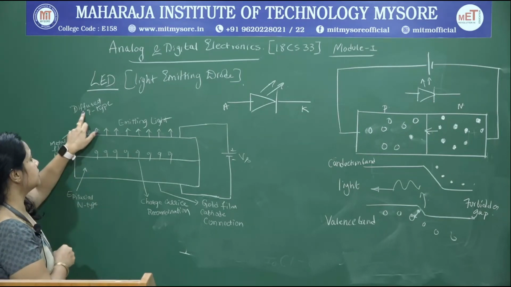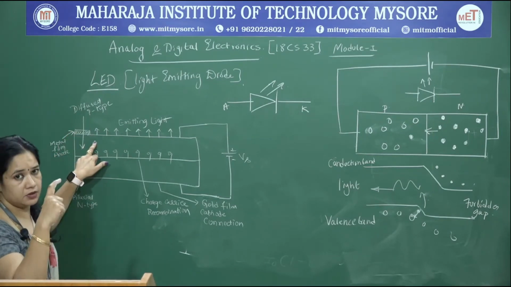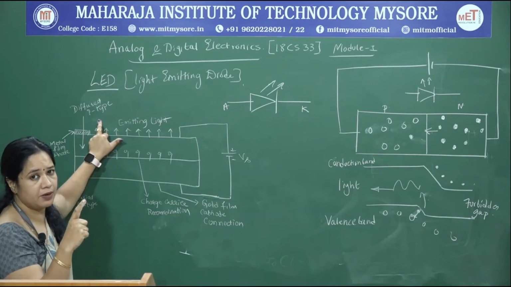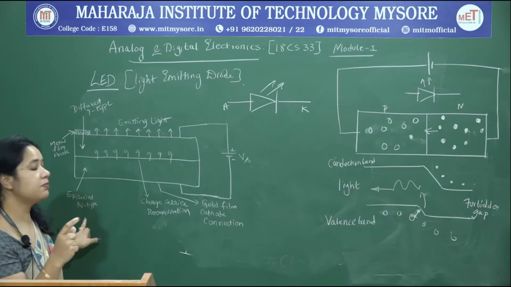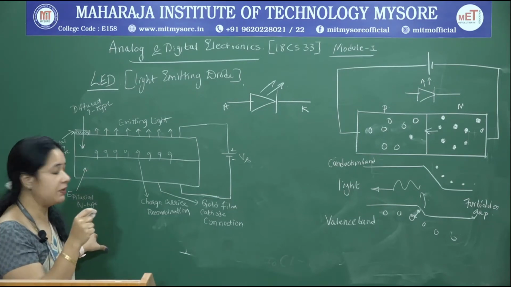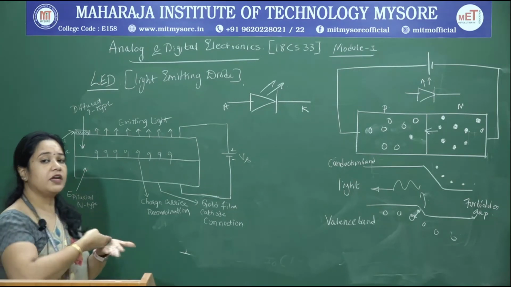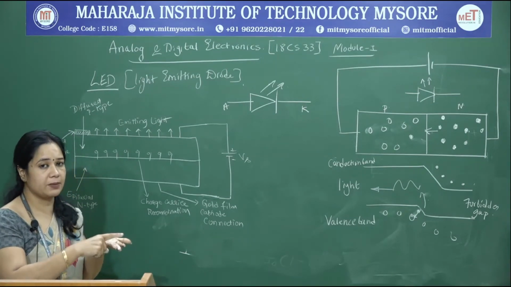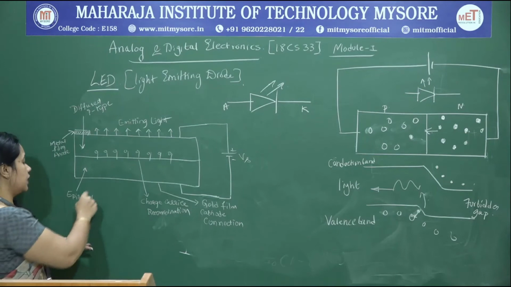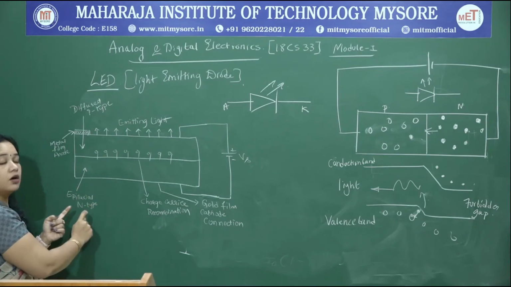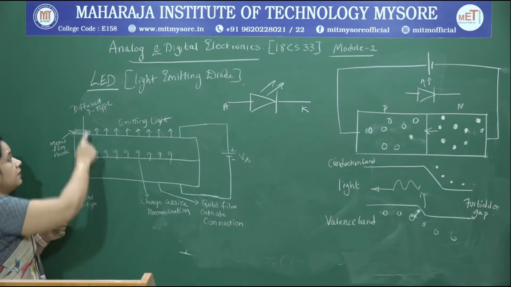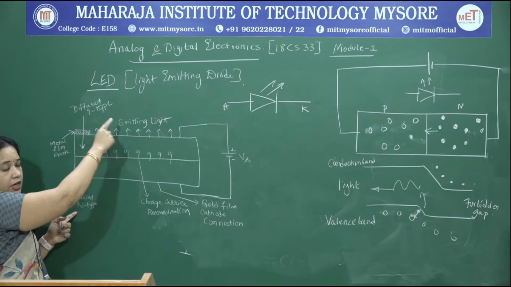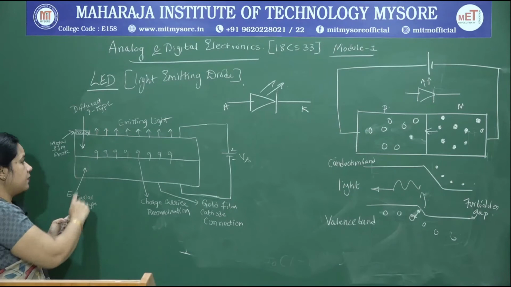Please note, the p-type layer is formed using a diffused p-type layer, and the n-type is constructed using the epitaxial method, wherein you have an n-type substrate and you allow the n region to grow over the substrate. This is the technology used to produce an n-type material. The p-type is produced using diffusion.